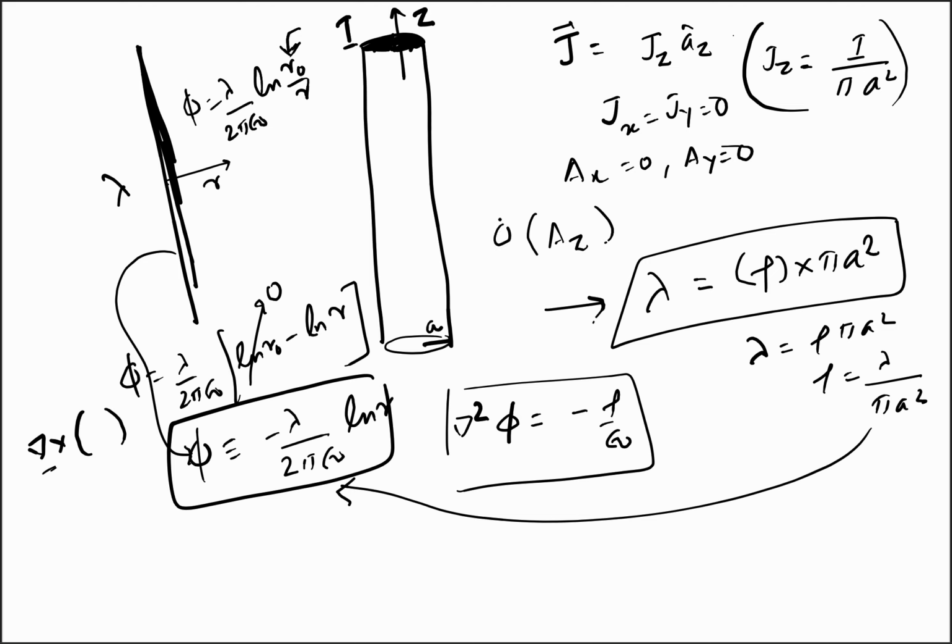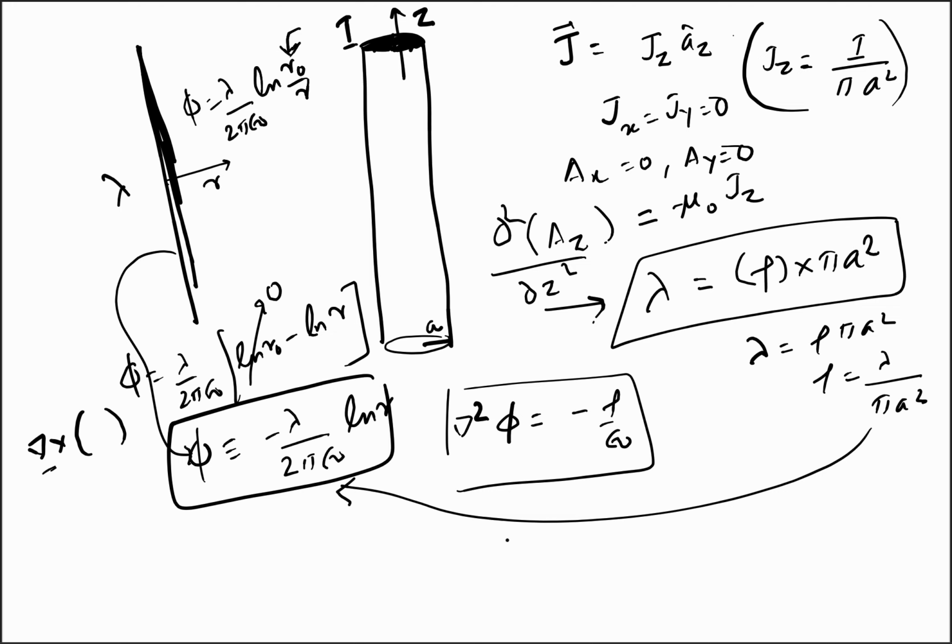with this equation, del square Az is equal to minus mu naught Jz, where Jz is equal to I by pi a square.